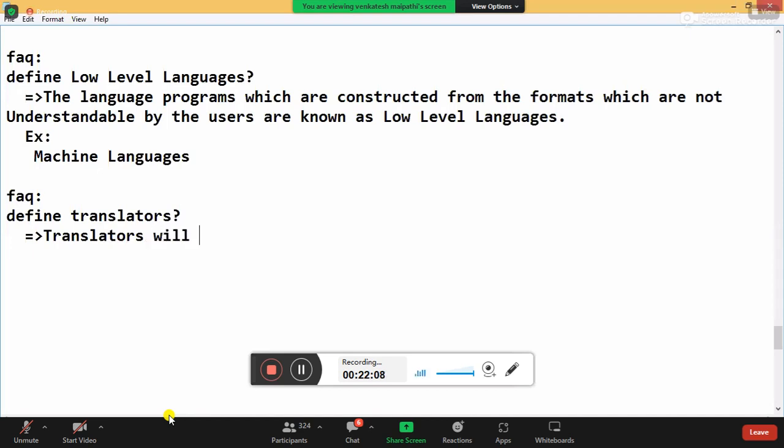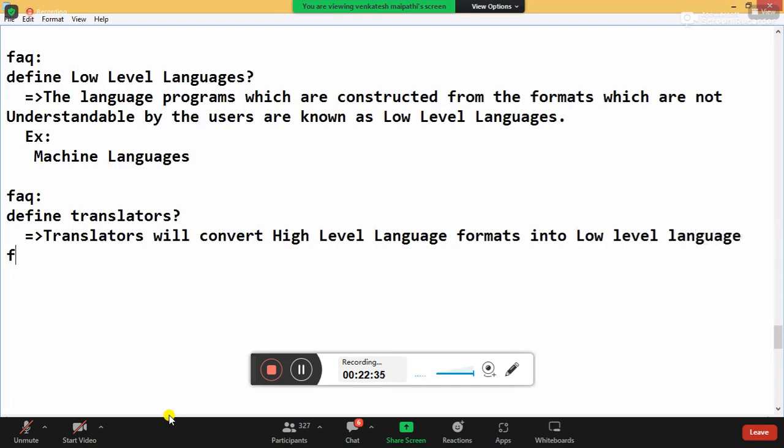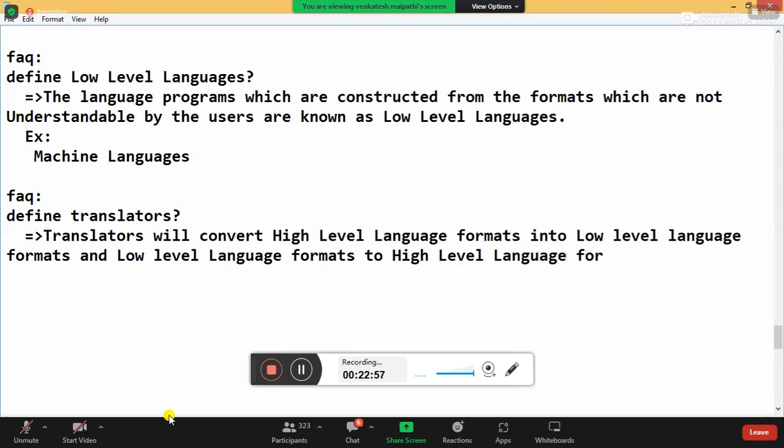Translators will convert high level language formats into low level language formats, and low level language formats into high level language formats.